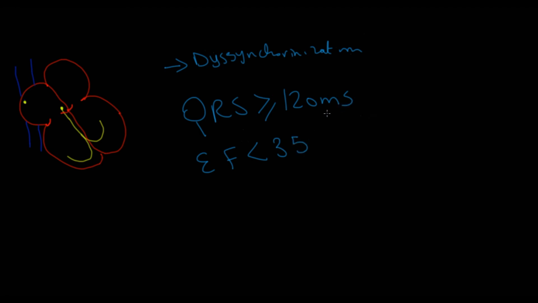Okay, so why again do we use the pacemaker in such patients in the first place? So I'll show you a very simple example. This is a bottle of water, right? If you give it a bang from this side, some of the water will come out. If you give it a bang from the other side, some of the water will come from that side. But if you bang it from both sides at the same time, lots of the water is coming out.